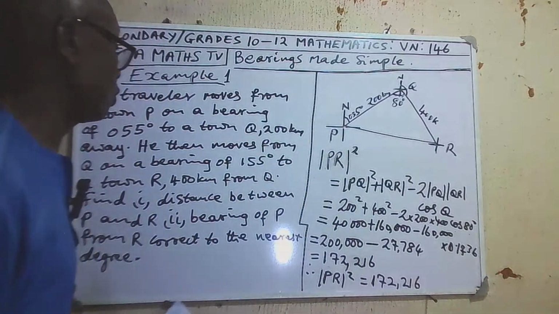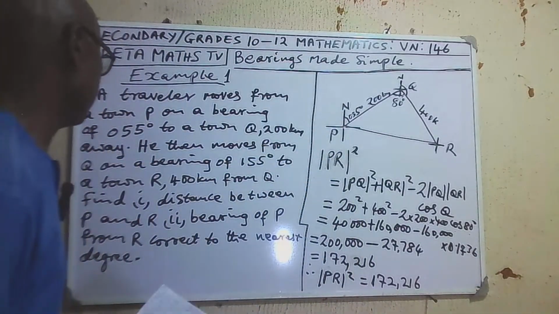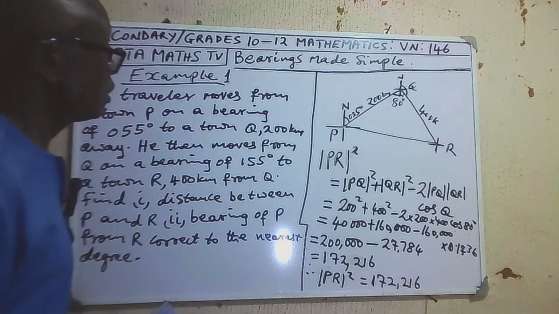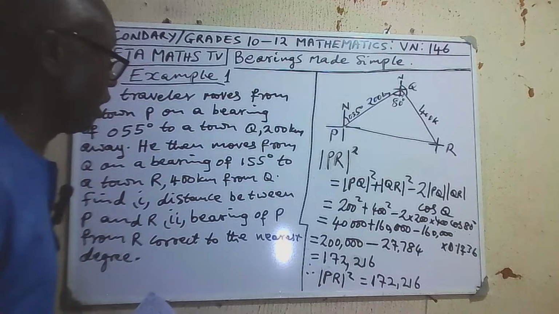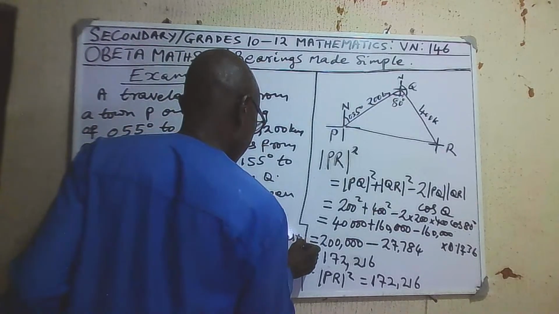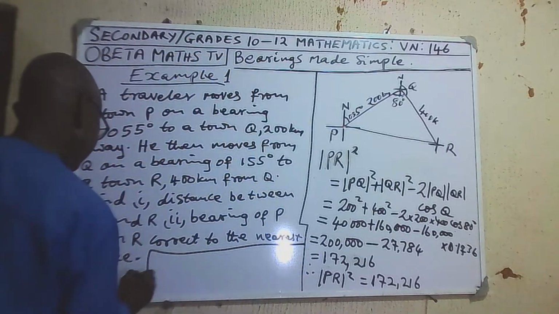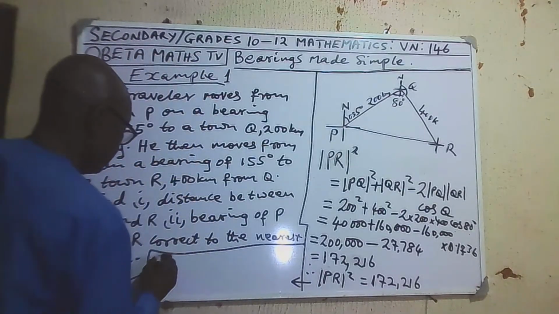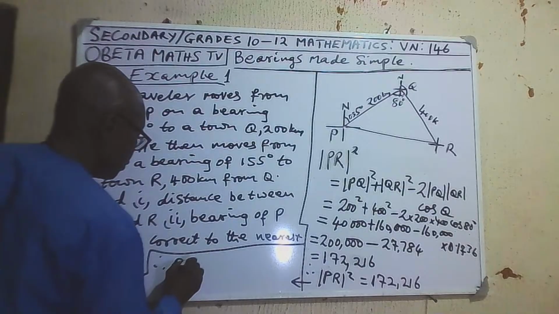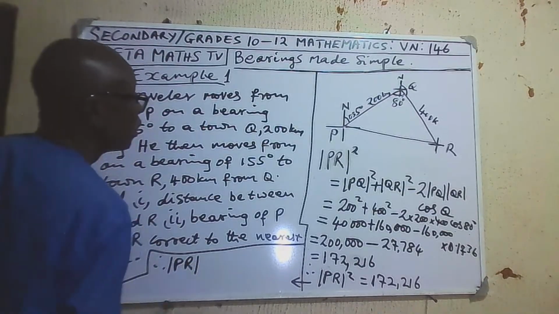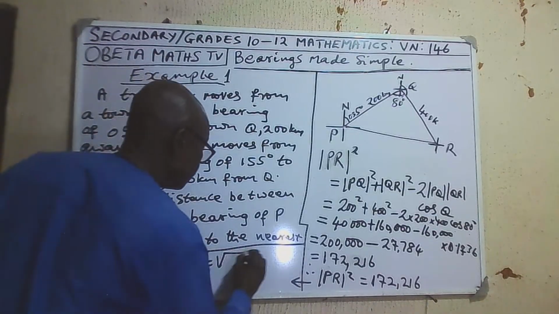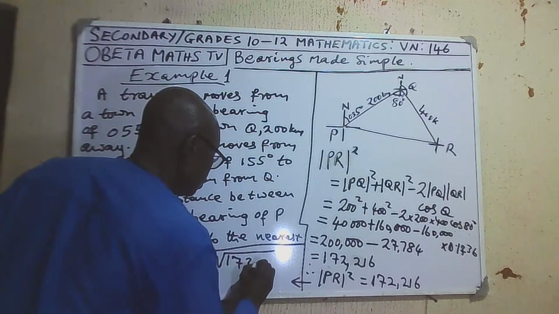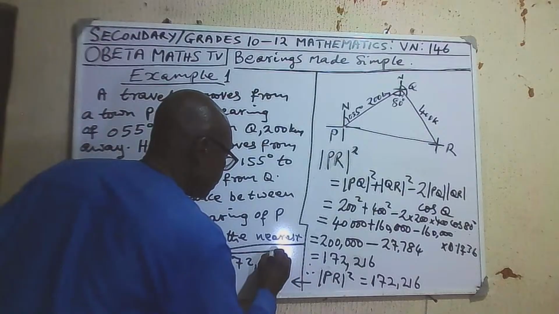So we have to find the square root in order to give us the distance between P and R. So coming back here, we now say that PR is equal to the square root of 172,216.